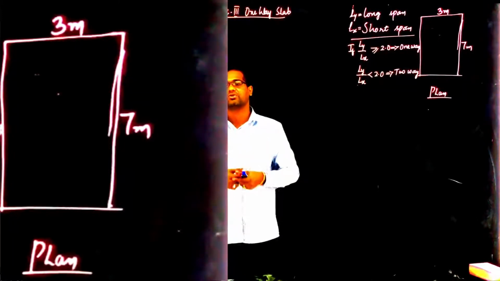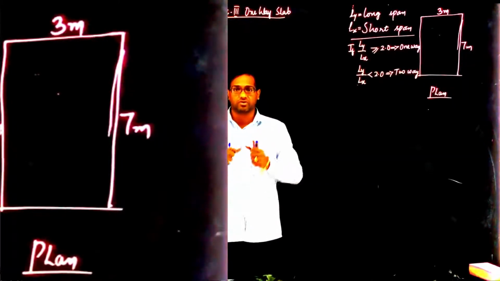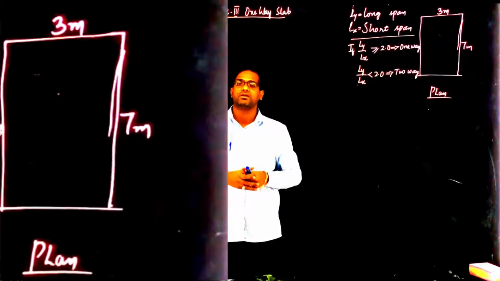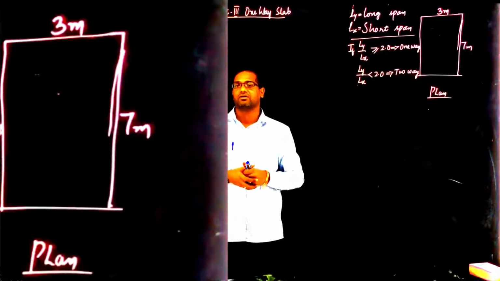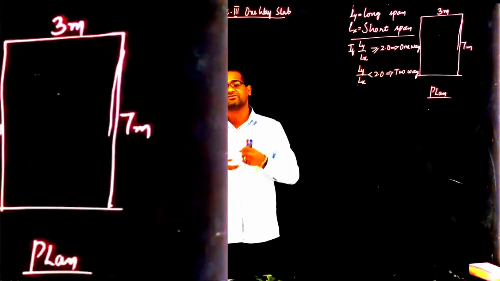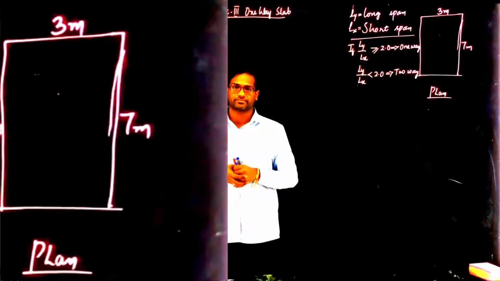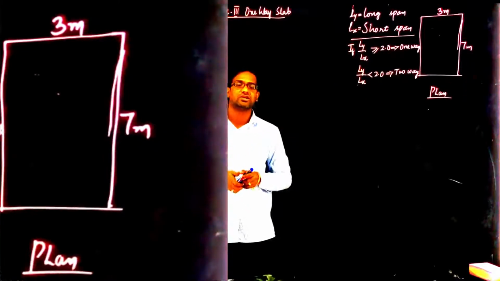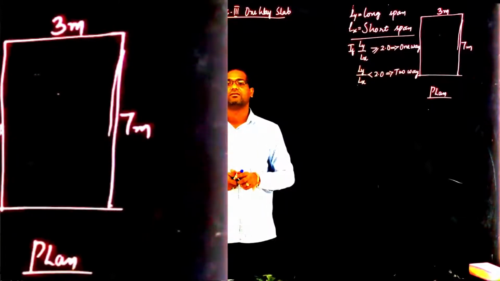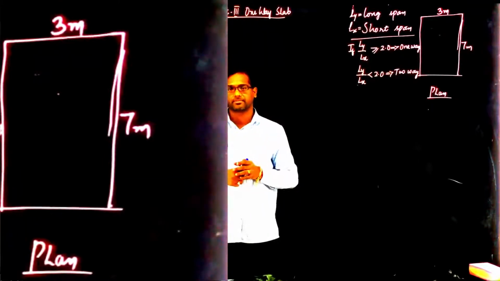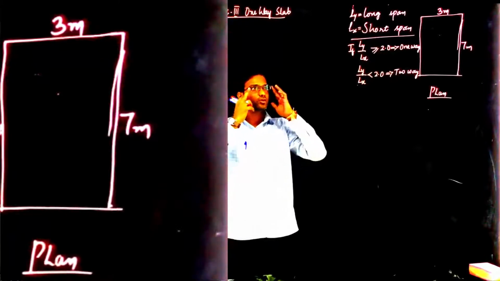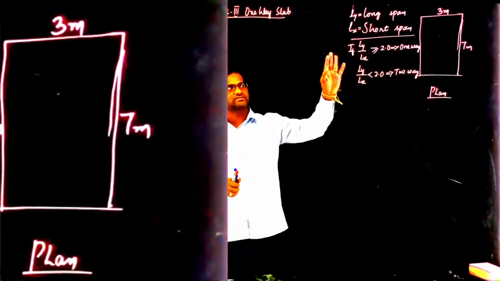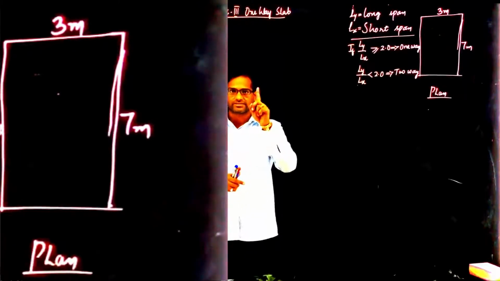In the other direction you can provide distribution steel, in order to hold the main steel bars and also to control the slab against shrinkage and temperature effects. Fine. So I have here a 3 by 7 dimension slab. If you divide 7 by 3, the value is more than 2. So that slab is a one-way slab.